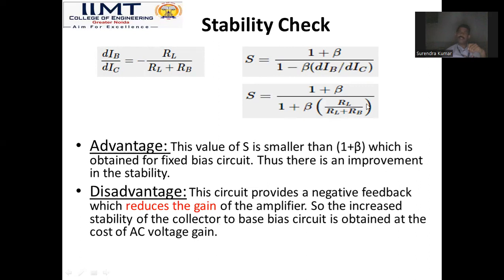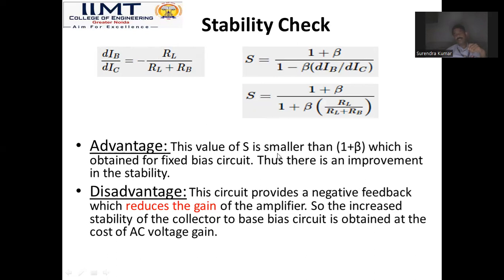Definitely we have a large value in the denominator, and the overall effect will be that the stability factor will go down. If the stability factor goes down, definitely there will be an improvement in the stability of the collector to base feedback biasing circuit.